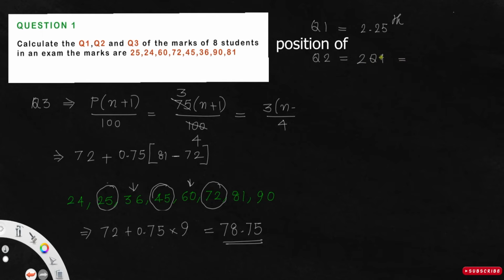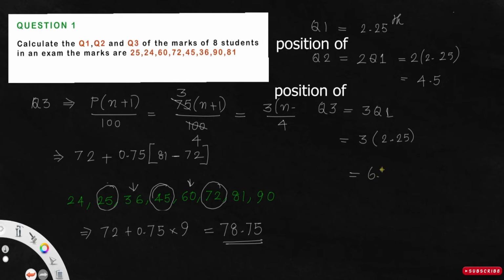So that will be 2 into 2.25, that is 4.5. And Q3 will be 3 times Q1. If you want, you can use this formula. Either way, you will get the same answer. Clear? So Q3 is equal to 3 into 2.25. That's how we get 6.75. Okay. So the 6.75th item. Clear?